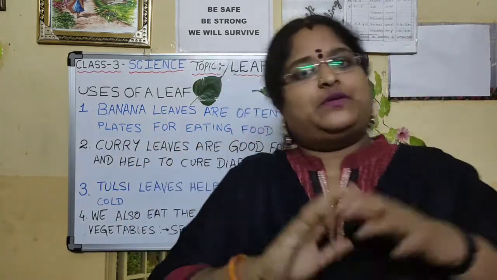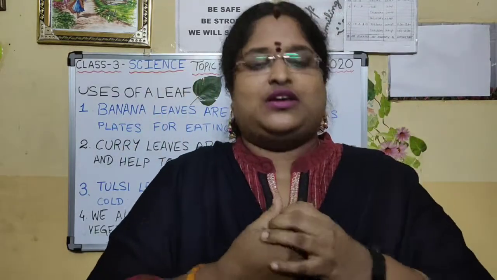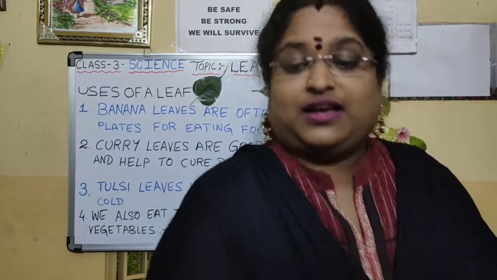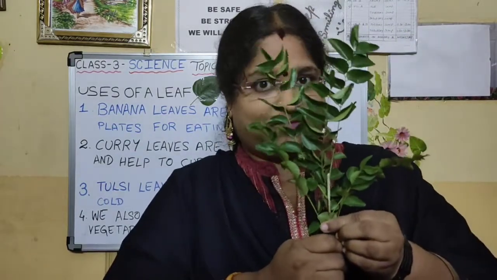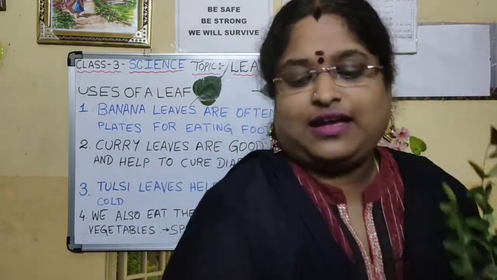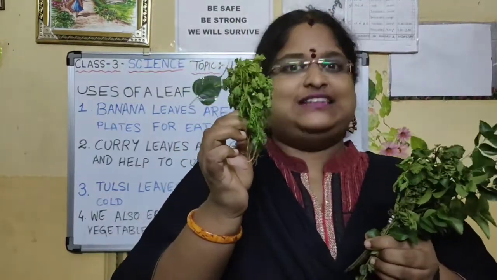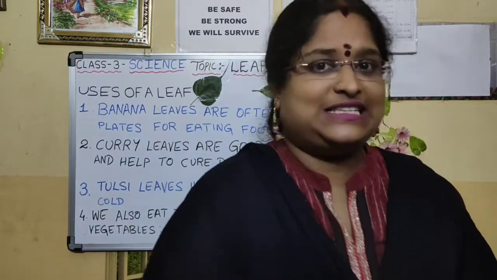Also, whenever mother is preparing any food items, she used to garnish the food items with curry leaves, that is curry patta we used to say, isn't it, children? Mint, pudina, coriander, dhania, isn't it, children?